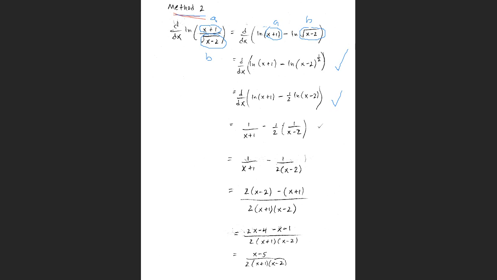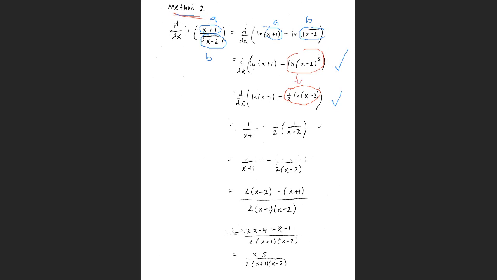Oh, there is one thing over here. How did we get from the log of x minus 2 to the half power to 1/2 times the log of x minus 2?